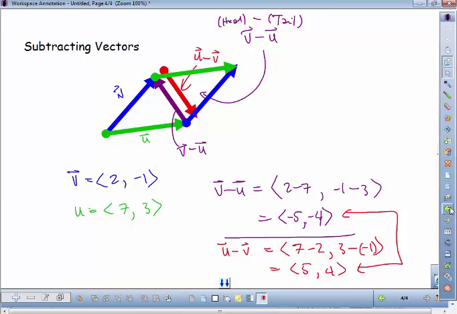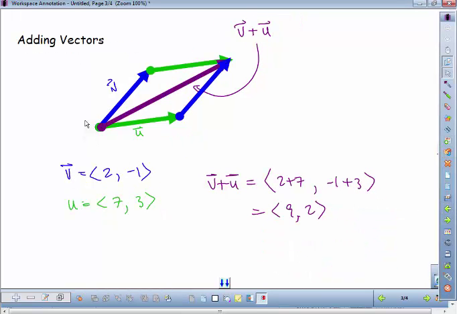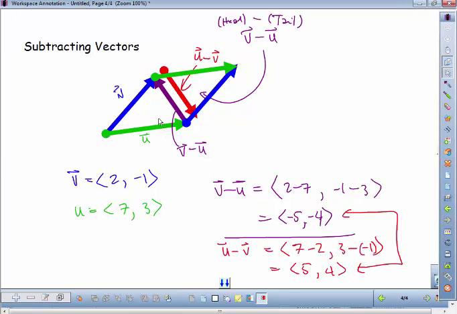If we take a look at the first picture, this is the diagonal going from the tail to the new head of the parallelogram, and then the subtraction is the other diagonal. You can find that interesting. There's a lot of geometry that you can construct with that.